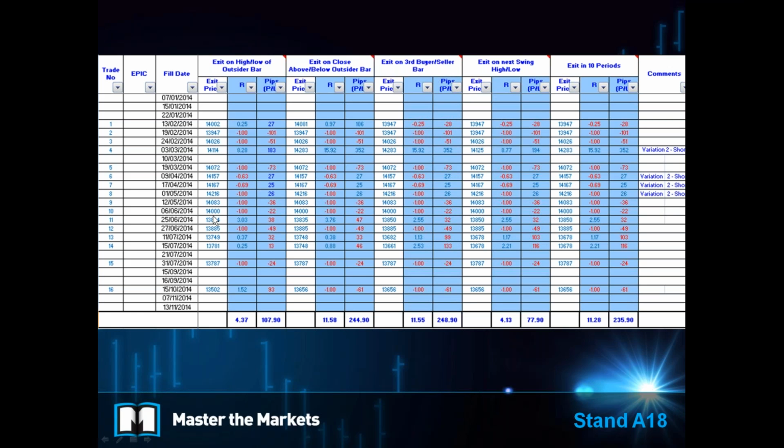There we go, profit expansion. And I've got a crib sheet there for you as well. Okay, so let's go ahead and pull open the journal just here for the profit expansion.